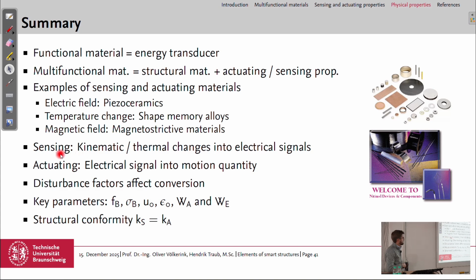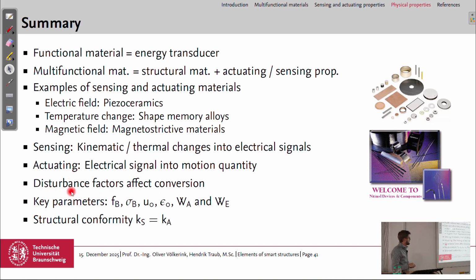When we use them for sensing, we try to convert changes in kinematics or thermal changes into electrical signals. And for actuating, the other way around, we have electric control signals, which we want to convert into motion quantities.